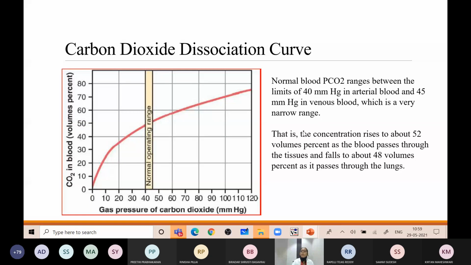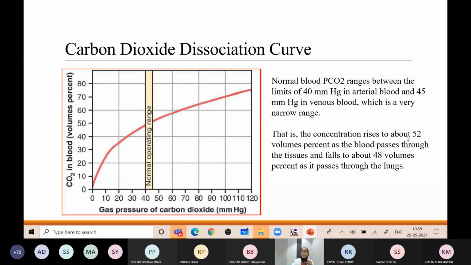That is, the concentration rises to about 52 volume percent as the blood passes through the tissues and falls to about 48 volume percent as it passes through the lungs.